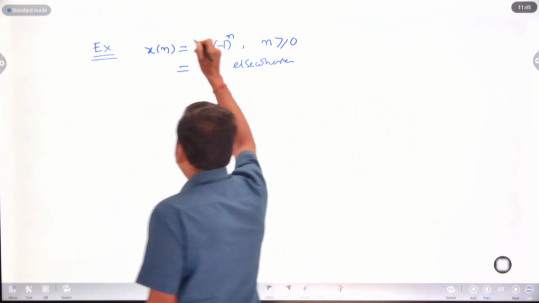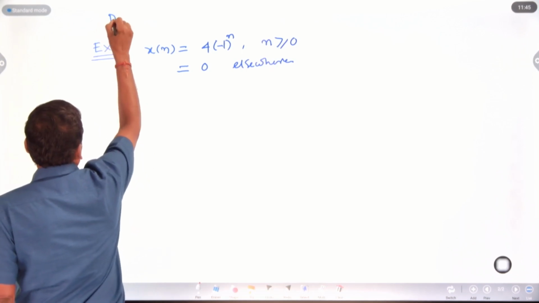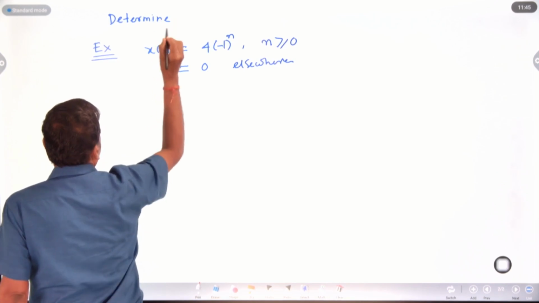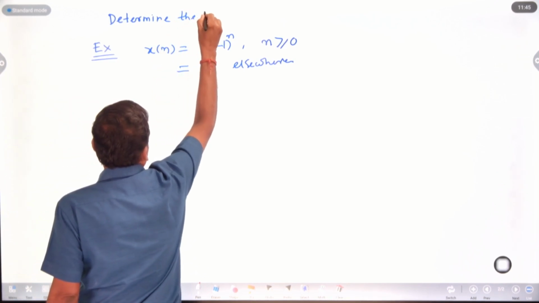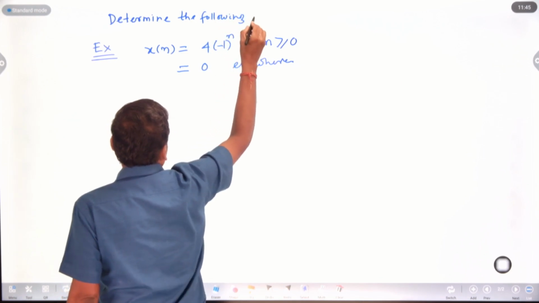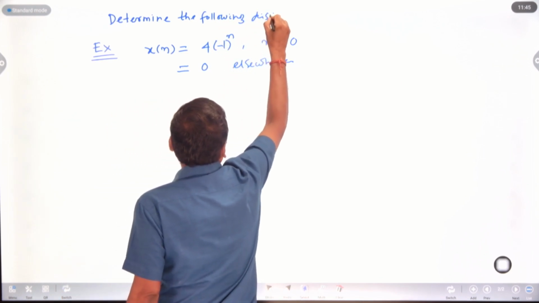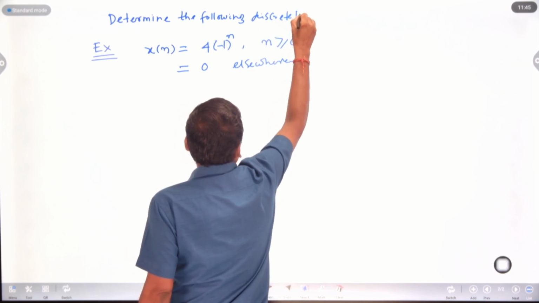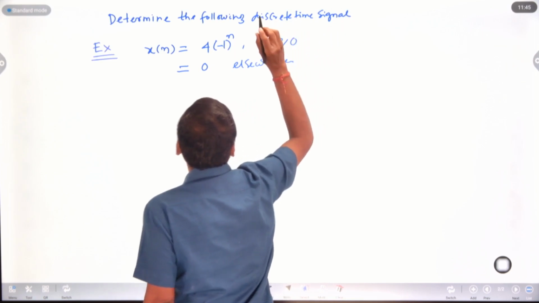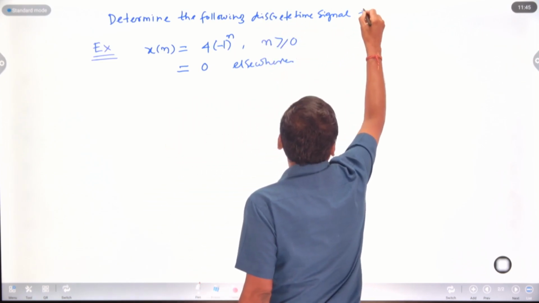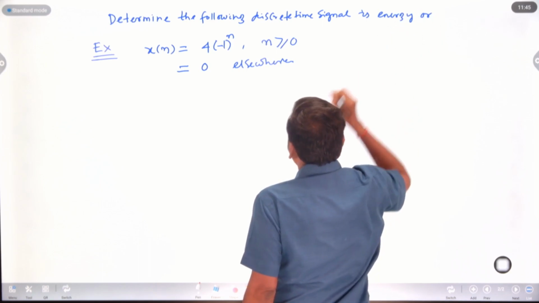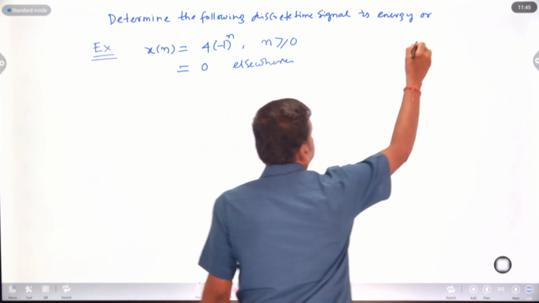So the question is: determine whether the following discrete time signal is energy or power.